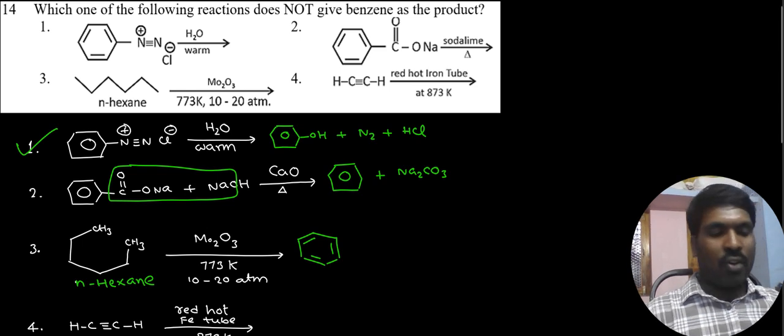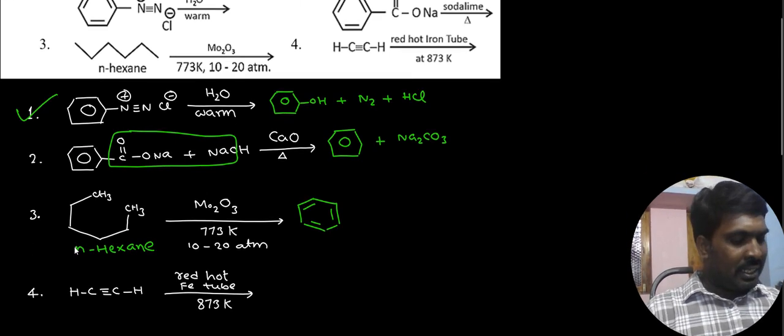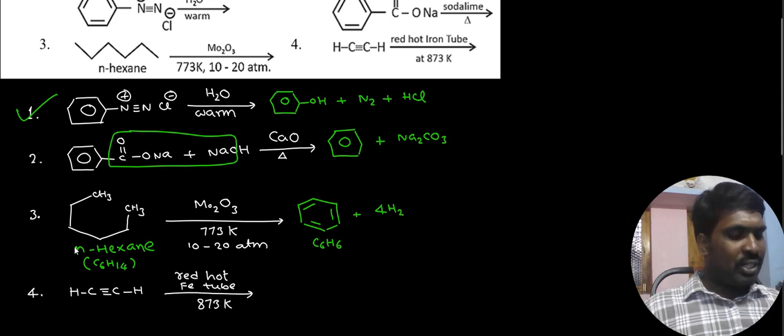This is also a type of oxidation reaction. C6H14 is the n-hexane molecular formula and benzene is C6H6. So how many hydrogens are removed? 8 hydrogens, as 4 H2 molecules, are removed. So this is oxidation.